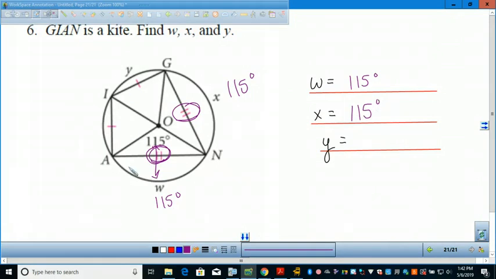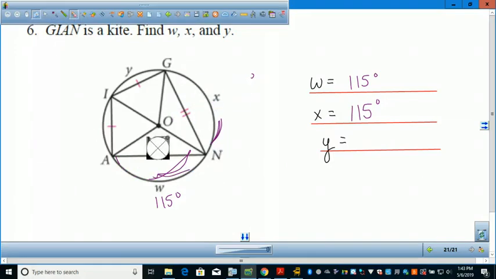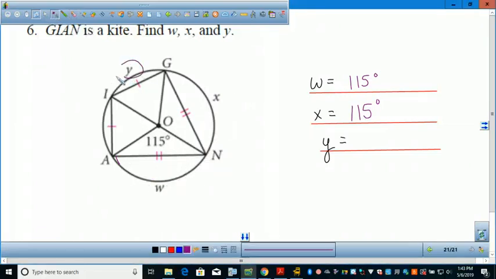Isn't X 115? Yep, this arc has to match this arc. That's correct. So you need to find Y. Be aware that this is Y also.